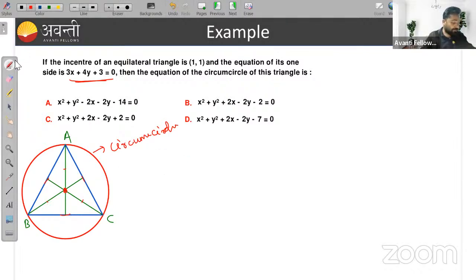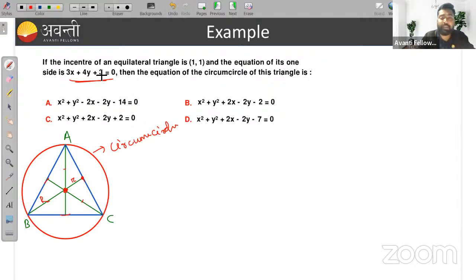Suppose this small length is r, the radius of the inscribed circle, and the radius of the circumcircle is capital R. The radius of the inscribed circle is smaller.